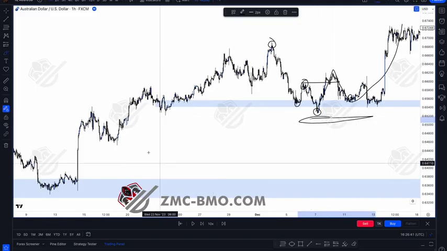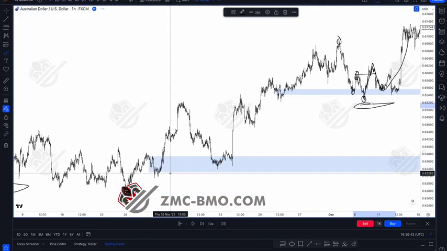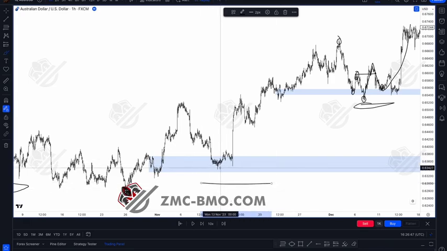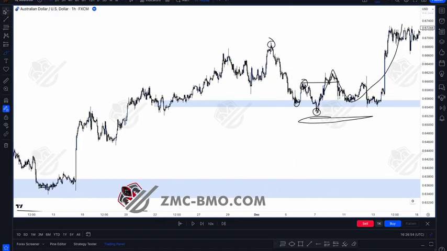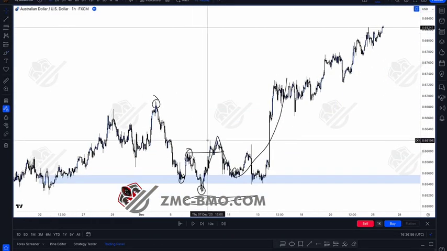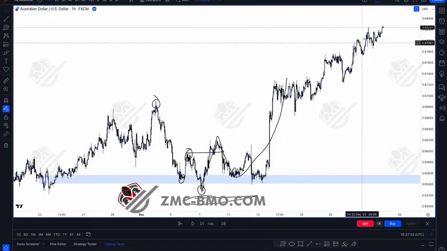So you can kind of see there's an example of two where you could have just entered at the order block. Cool. Obviously your stop might have been slightly wider, and then you could have just held that move. Or if you want to be a bit more conservative, in this example, wait for the structural shift which happened here, wait for the pullback, stop loss below the low, hold, and then you just held it.